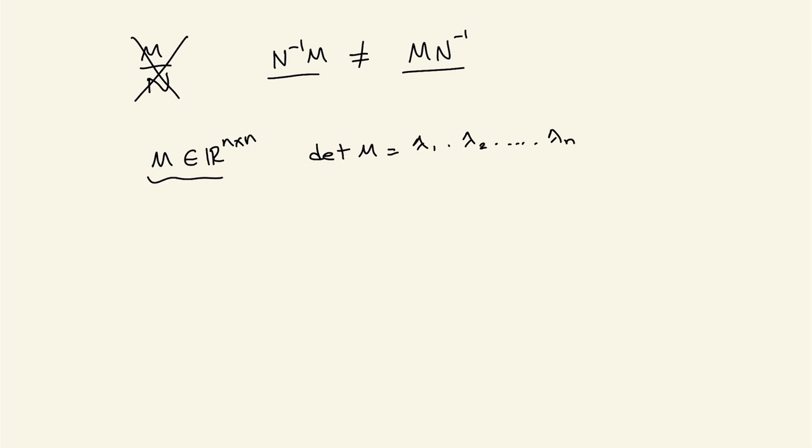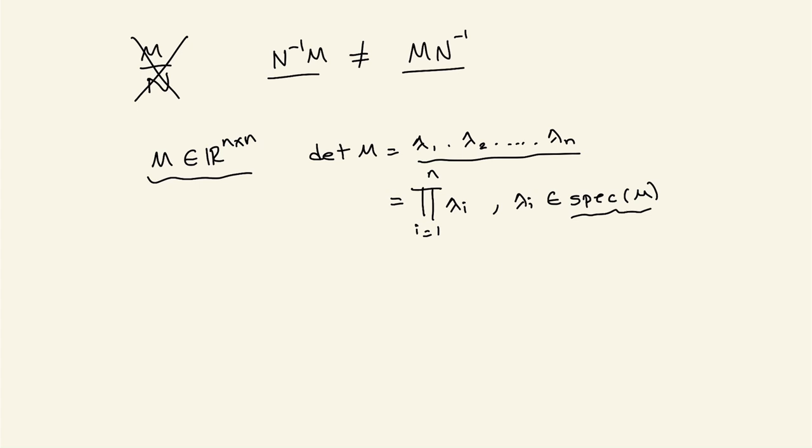This is an n by n matrix, so it is going to have n eigenvalues. You can write this fancier using the product notation, product for i equals 1 to n of lambda i, where lambda i belongs to the spectrum of M. The spectrum of M is a special notation used to denote the eigenvalues of the matrix M.